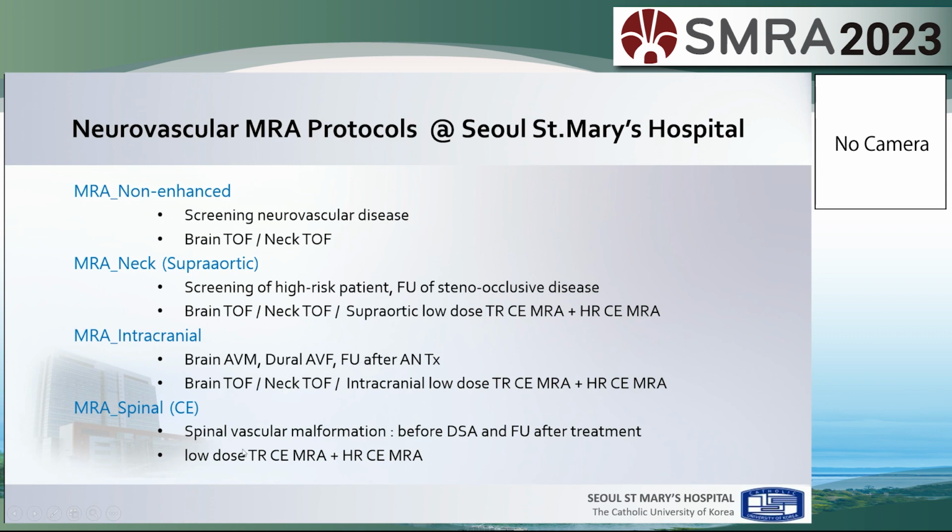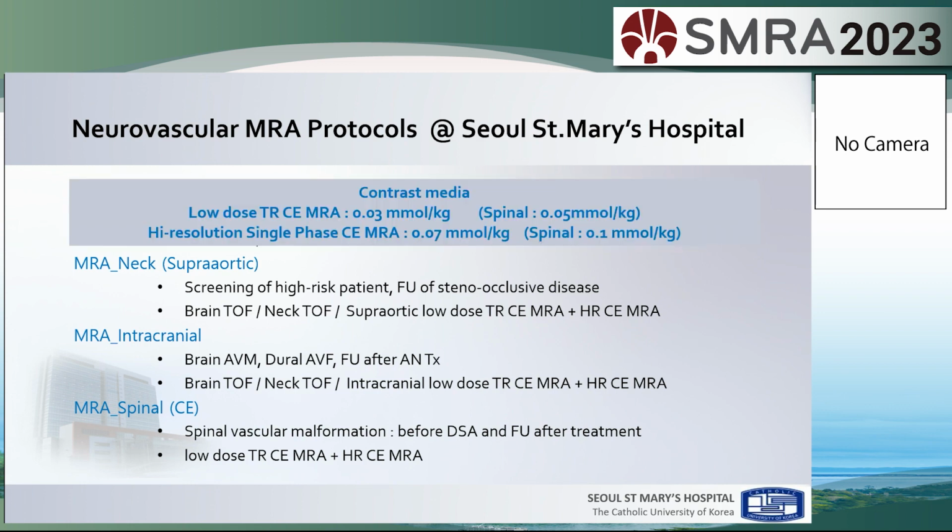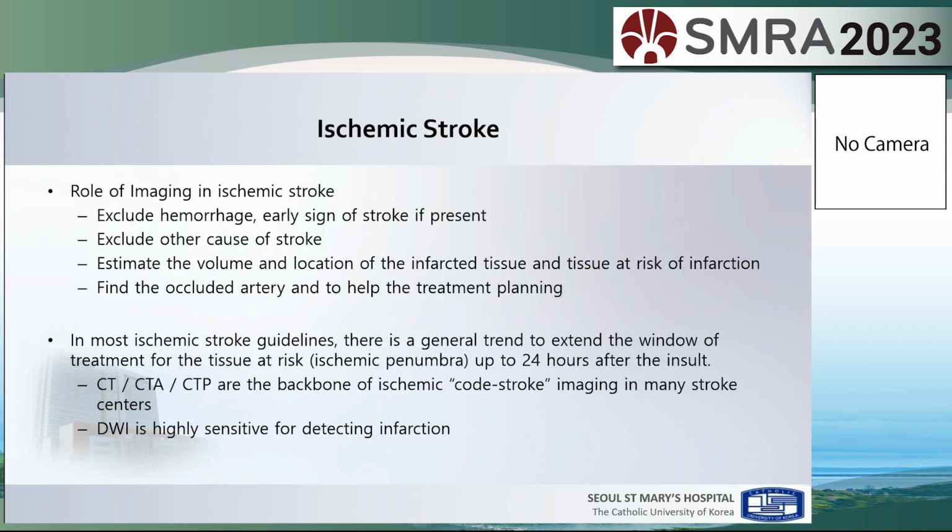And for the spinal, we do spinal angiography, just before doing the spinal angiography or on follow-up. So for that, the injection of the contrast media is divided, 30% and 70% for the multiphasic and single phase. So the injection of the contrast media is not increasing in amount actually, except for the spinal, for which we inject about 50% more.